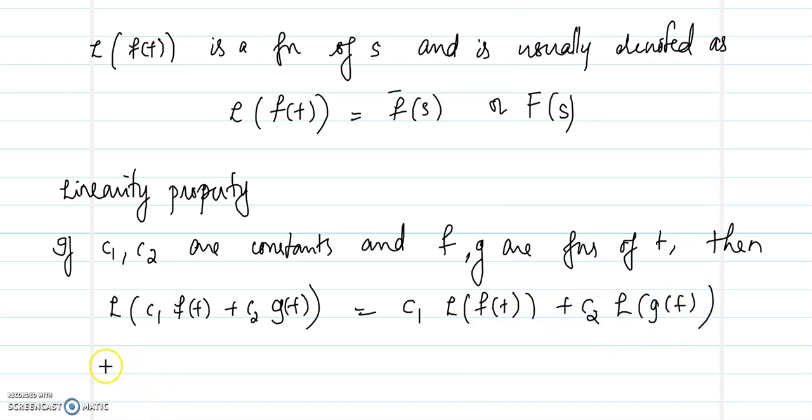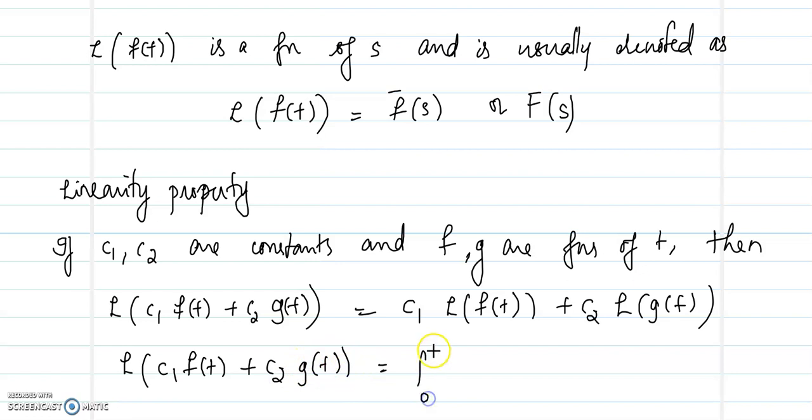Now let us prove this. The proof uses the elementary property of integrals. L of C1 f t plus C2 g of t, by definition of Laplace transform, will be integral 0 to infinity e power minus st times C1 f plus C2 g dt.